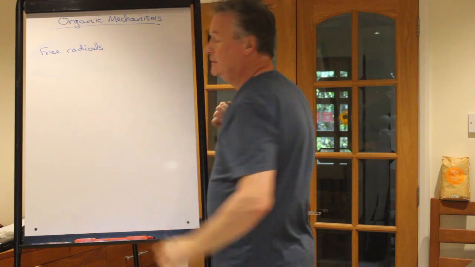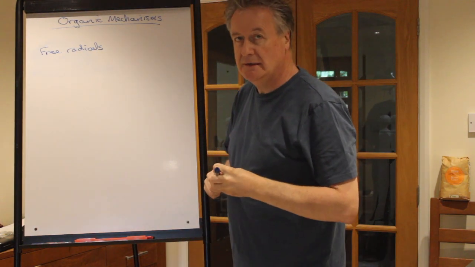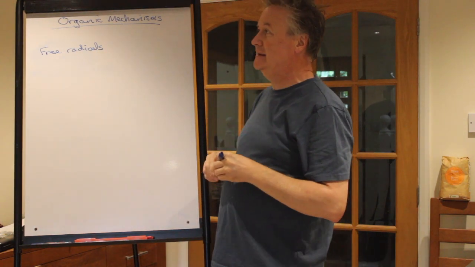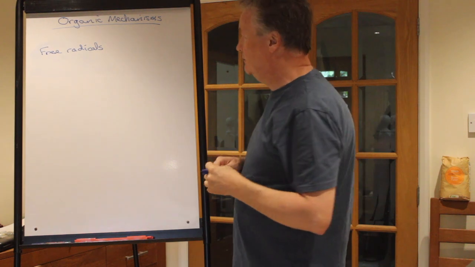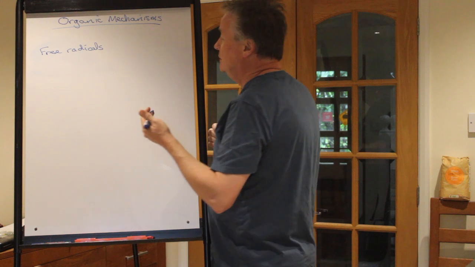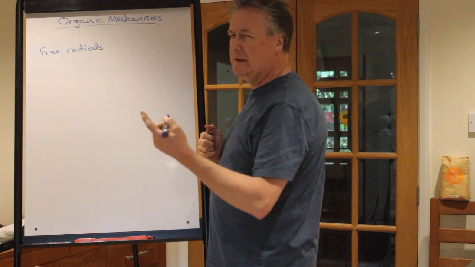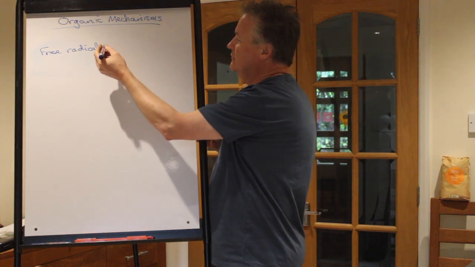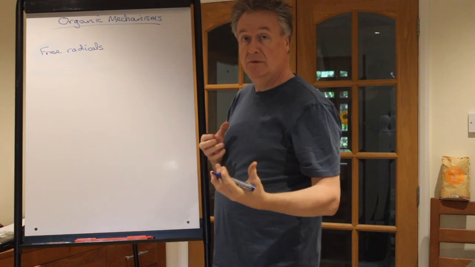Free radicals. One of the classic mechanistic questions is to do with free radicals, so we'll have a section on that. As you will see, I'll explain about how we're going to do with these videos. So free radicals. First thing, what are they?